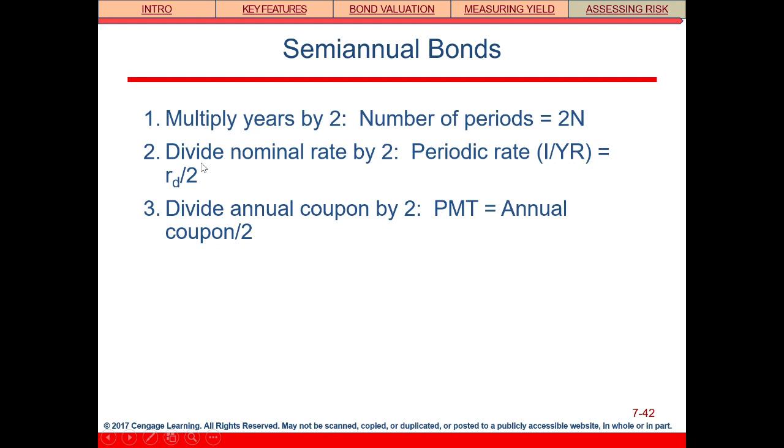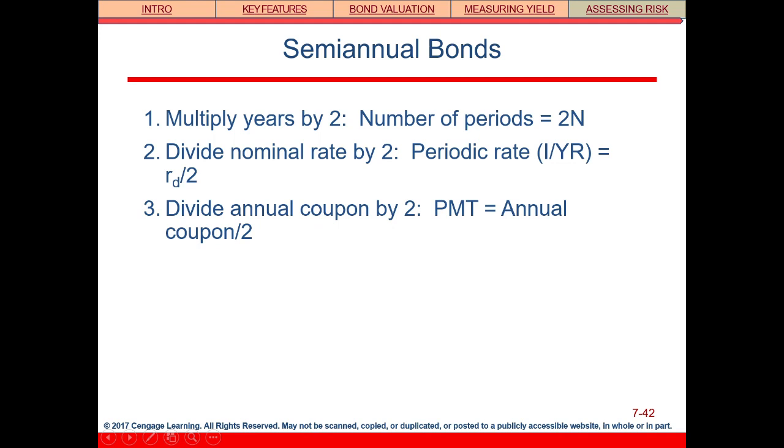And we also need to divide the nominal rates by 2. So the periodic rate will be the discounting rate divided by 2. Because before it was an annual rate, now it's a periodic rate, the semi-annual rate. And then the third step is to divide the annual coupon by 2. So the payment now should be equal to the annual coupon divided by 2.